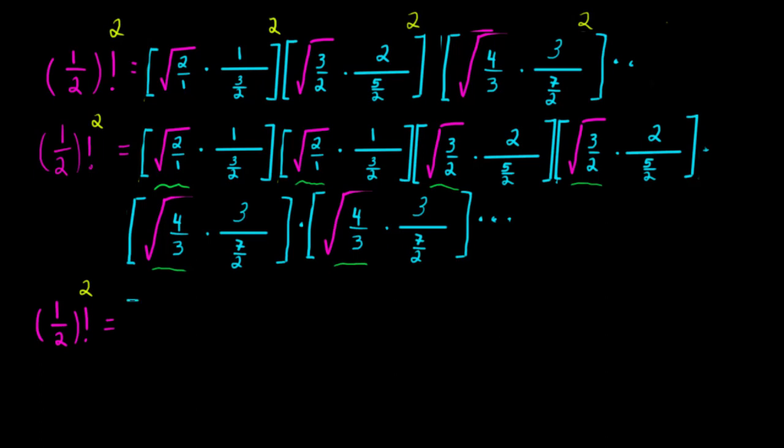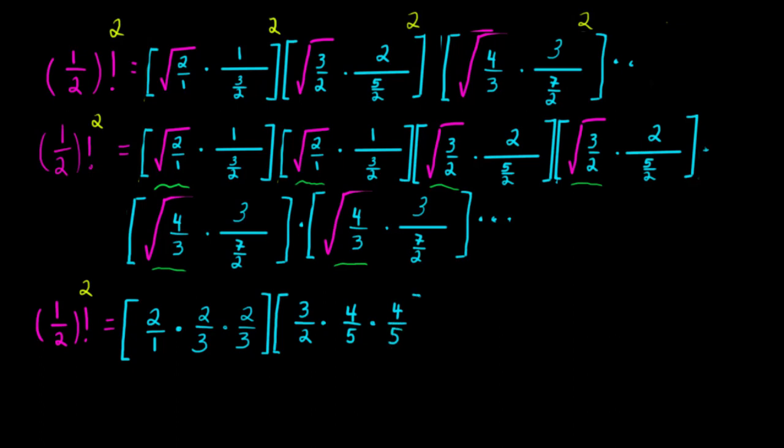When you multiply those things together, the radicals actually cancel. That's why we squared both sides to begin with. So we get 2 over 1 times 2 over 3. I've just carried out the reciprocal in the second term. That's from the next bracketed term, so I'm just grouping them all together. The next one will be 3 over 2, and then 2 divided by 5 over 2 equals 4 over 5, times 4 over 5.